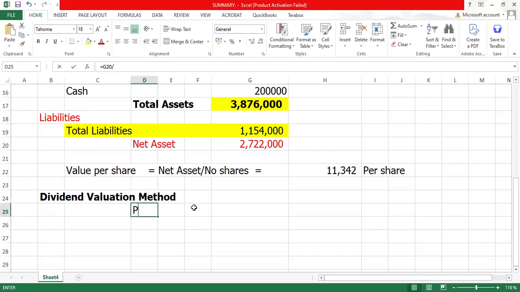And how do you get P naught? Direct. P naught is equal to D1, then everything divided by what?